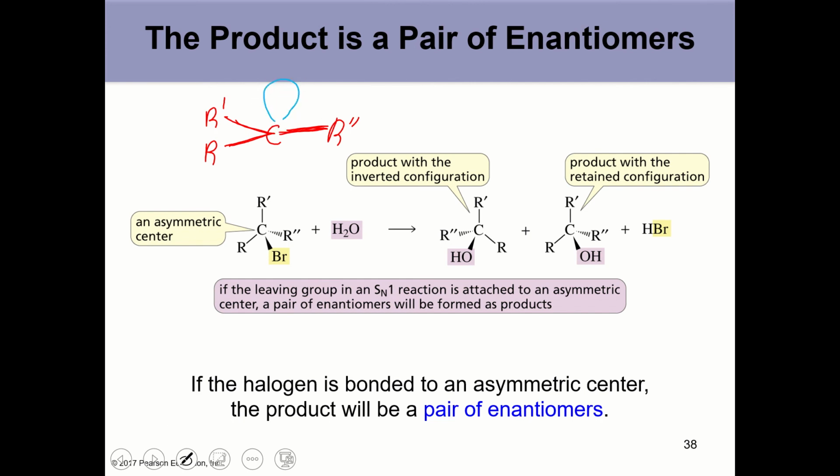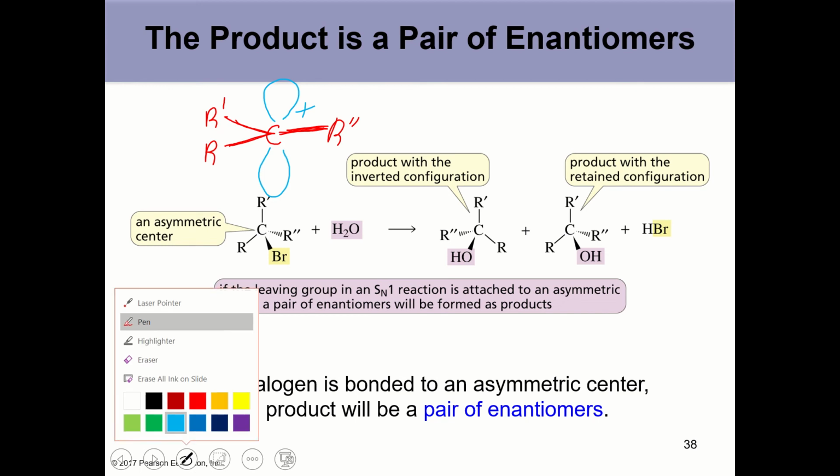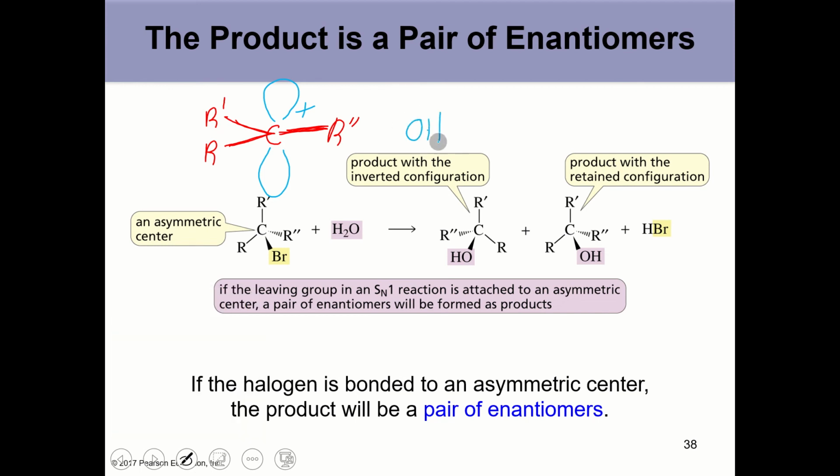Then perpendicular to the planar bonds is the p orbital for the carbocation that forms as our intermediate. The nucleophile, water in this case, can bond either to the top of the p orbital or at the bottom of the p orbital.